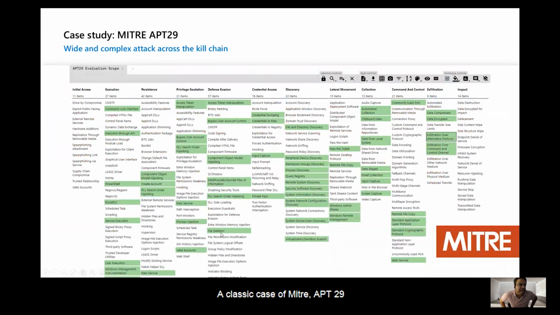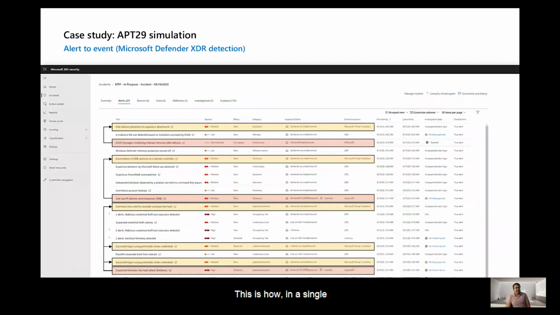A classic case of MITRE APT29 attack, a variation of that. If that attack is studied under the XDR pillar, this is how in a single incident the XDR has mapped the entire event chain, I would say alert chain, with the correlation across the various different security solutions which the XDR is seeing.